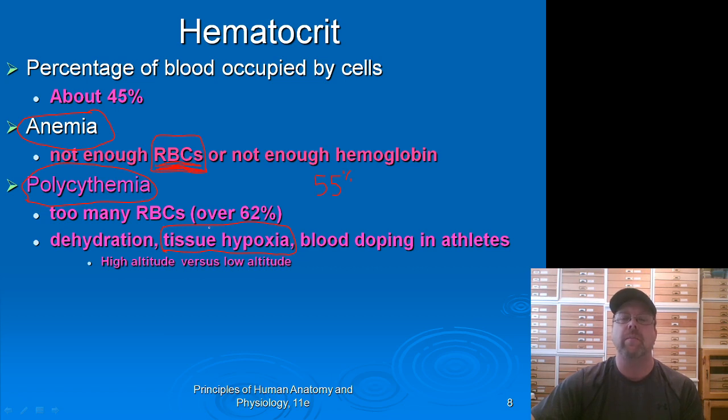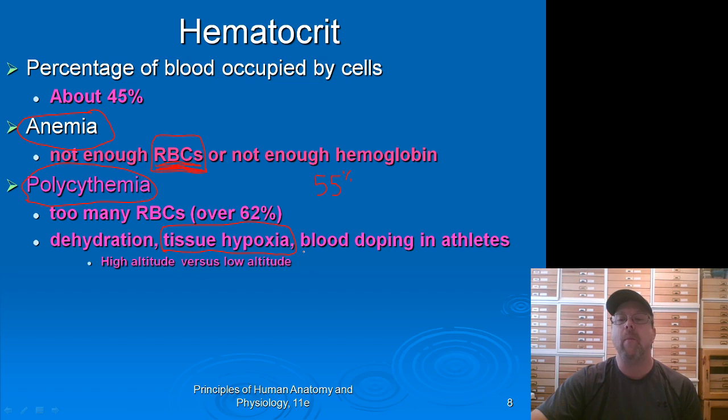So when you move up to Colorado to go to CMU, you may suffer from hypoxia. There's less oxygen here than there is down in Los Angeles. So until your body beefs up its red blood cell production, you may have some hypoxia.